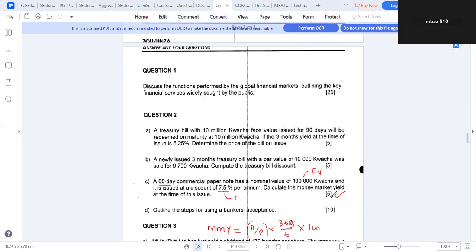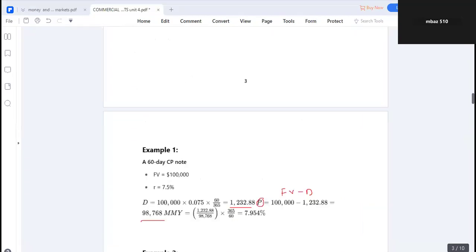So we're clear on how to calculate the money market yield, isn't it? Okay, so this is how we computed this.